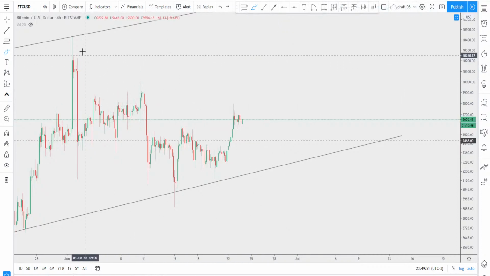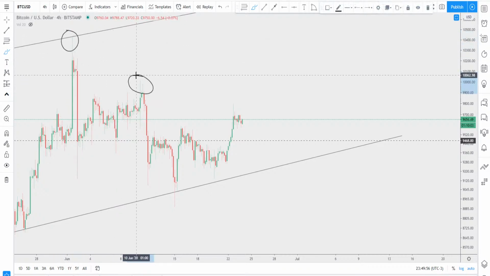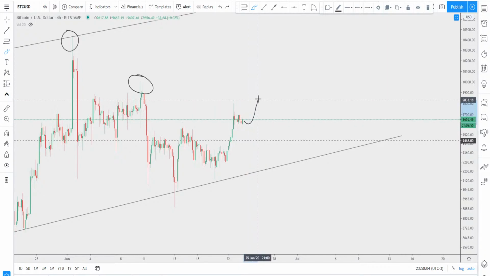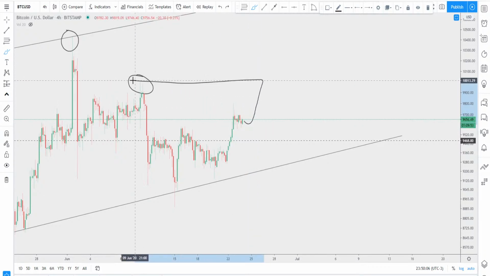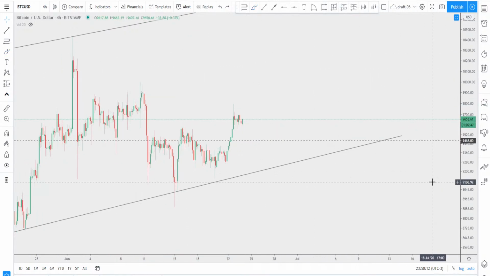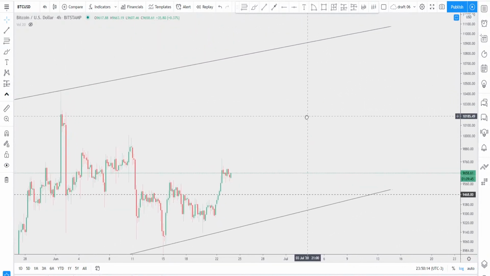Because we have a lower high, and we beat the previous one, so not a big deal here. But the first thing here, if they are able to make a higher high against this one here, we may look, I'm not saying it's going to play out, but it is possible.